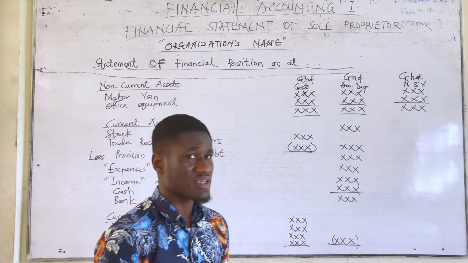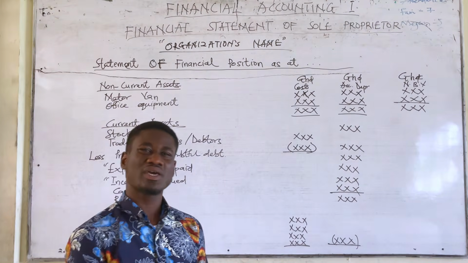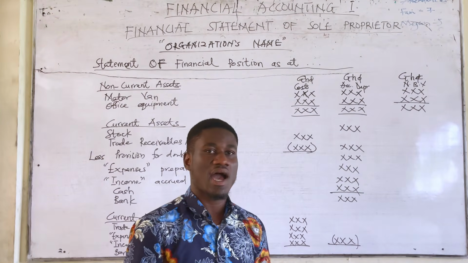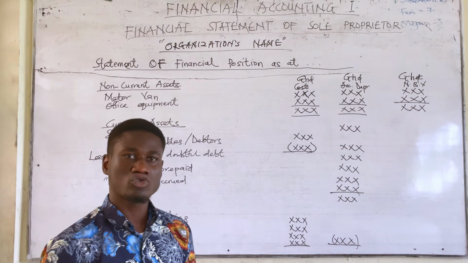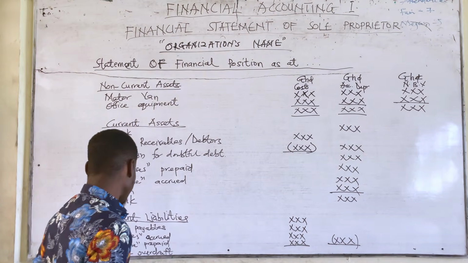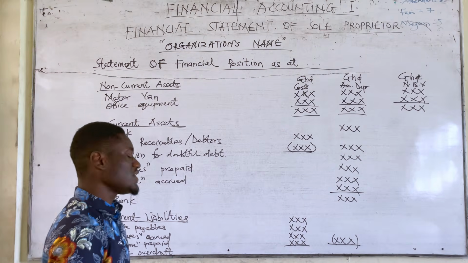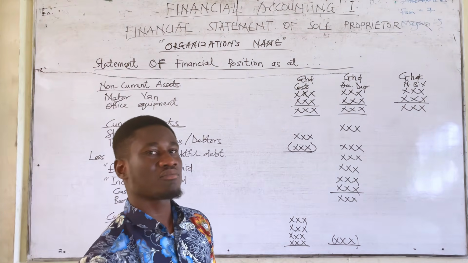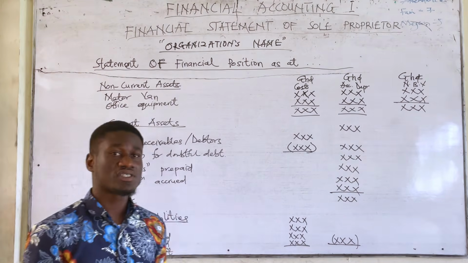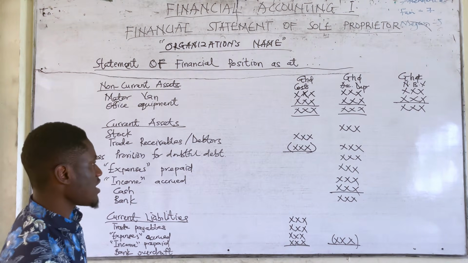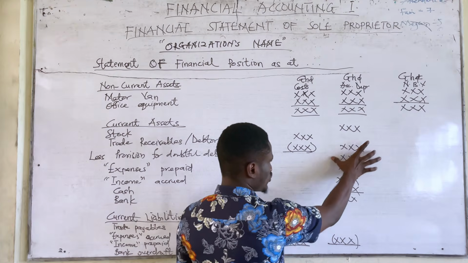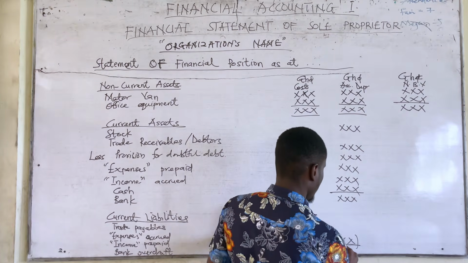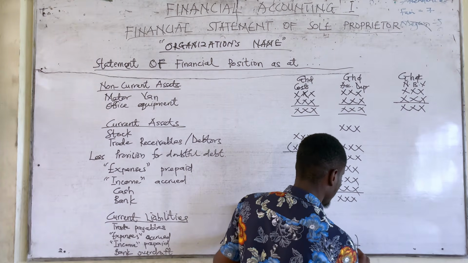If we have any expenses owing, the next period we are going to pay our expenses. So we're going to add that to the next period expenses, which is going to be a liability to us. You get it? Income prepaid. If we receive our income for next year, we are not going to receive it then. So it's going to be a liability for us. So after adding the current liabilities, we subtract from the current assets, and we are getting our working capital.